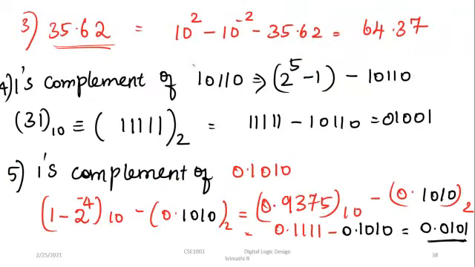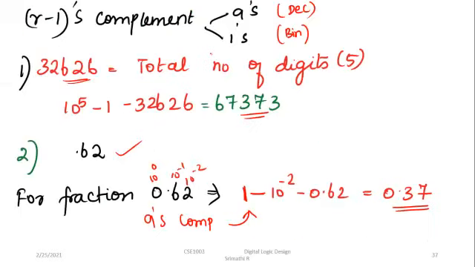So 10 power 2 minus 10 power minus 2, and then minus 35.62. The other way around, since there are no digits involved, instead of 10 power n, this is nothing but 10 power 0, which is equal to 1.